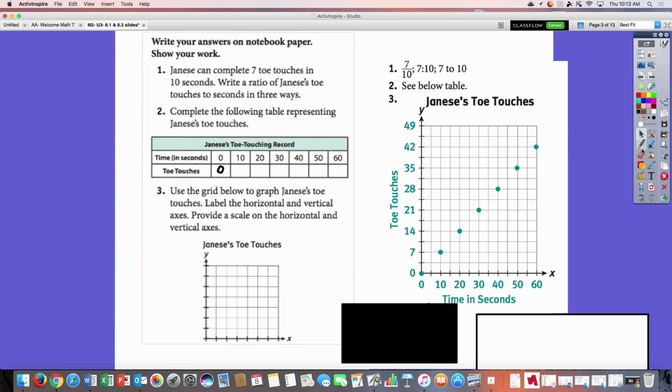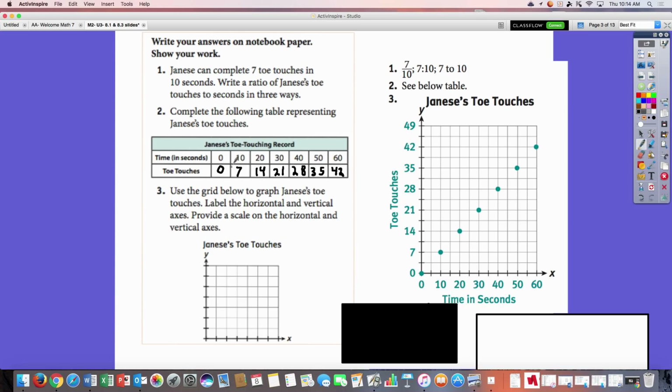In 20, she can do 14. In 30, she can do 21. In 40, she can do 28. What about 50? She can do 35. What about 60? She can do 42.